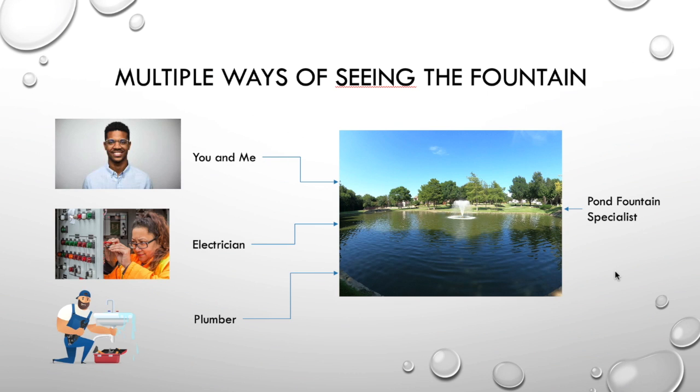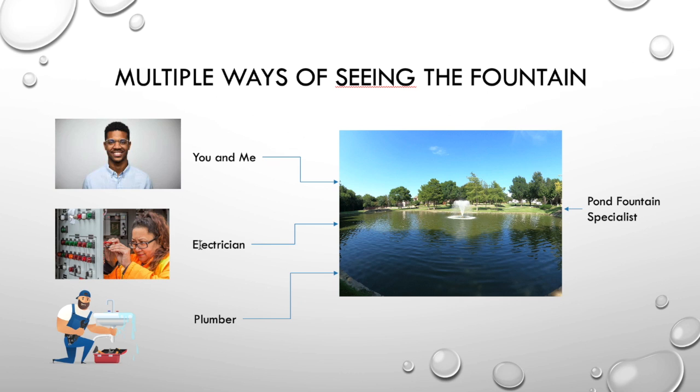First thing that we probably want to think about is, I'm looking at the fountain, but who is really looking at the fountain? Because that's going to determine the data. If it's you and me, then we may look at the fountain and get some ideas about how to interpret it with data.